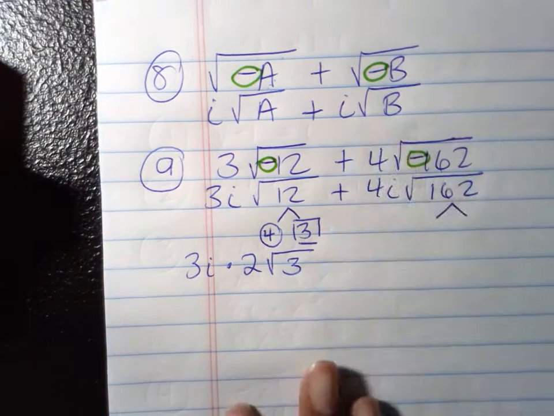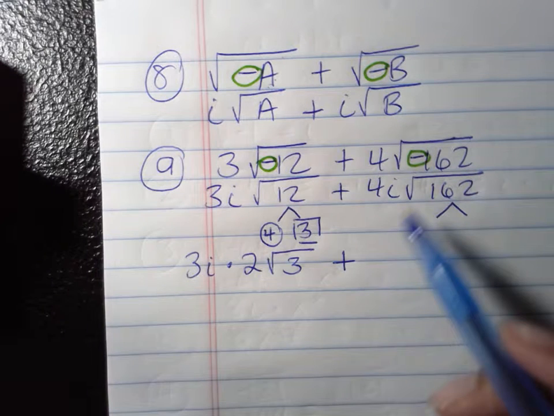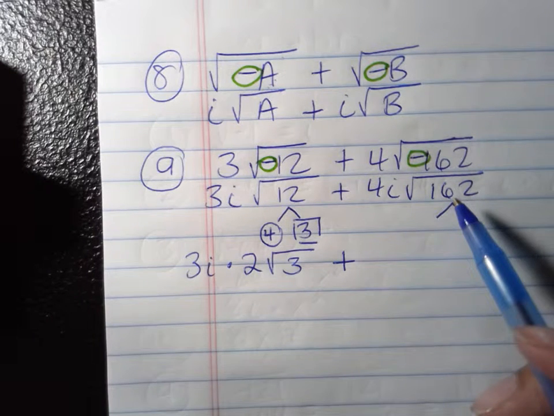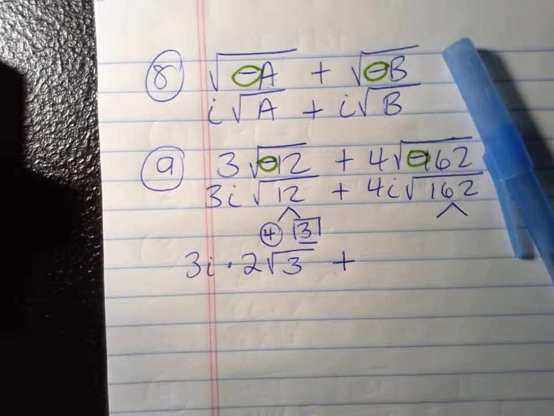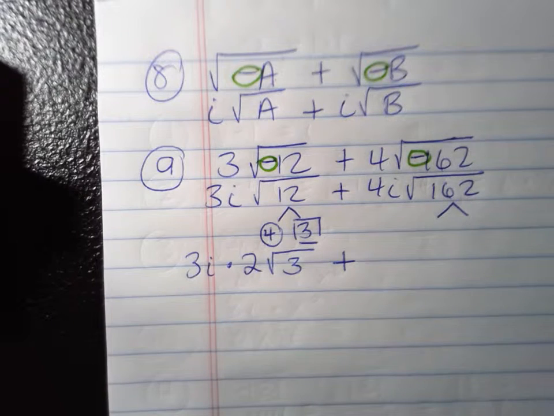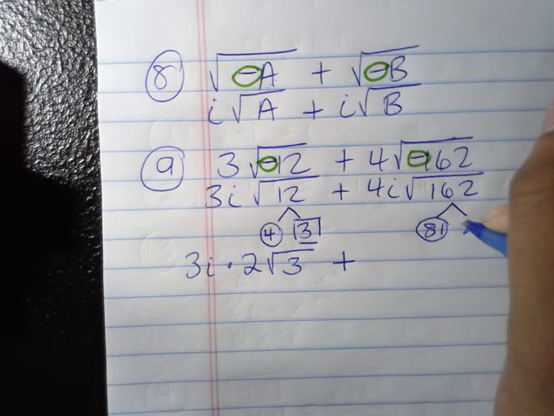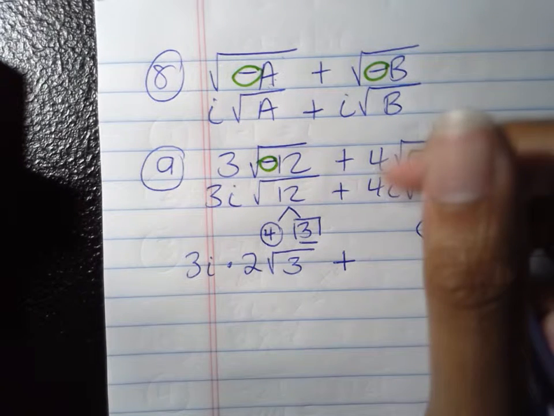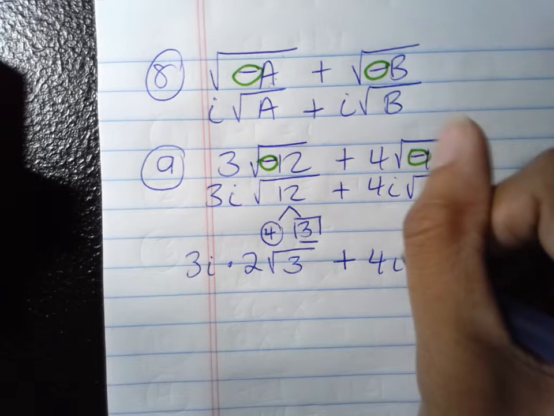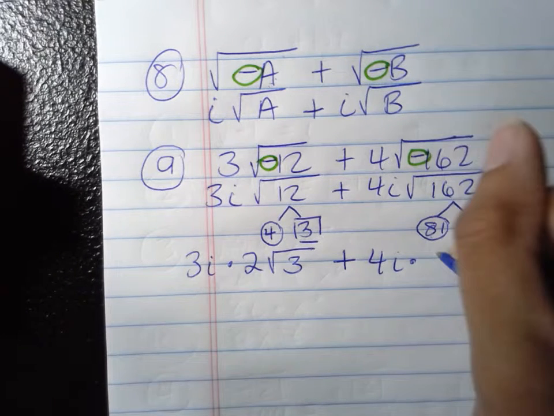Over here, 162. So I'm going to just divide by 2. If I do 162 divided by 2, I get 81, and 81 is a perfect square. So I put 81 times 2. Alright, so I'm going to bring down the 4i. Square root of 81 is 9, and what stays inside is the 2.